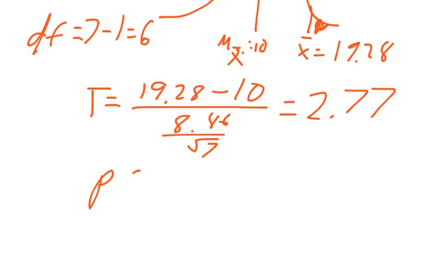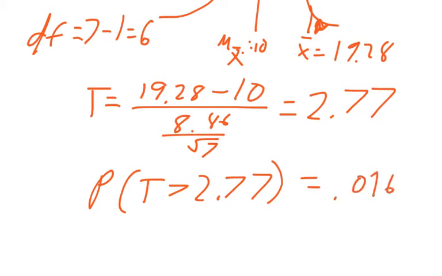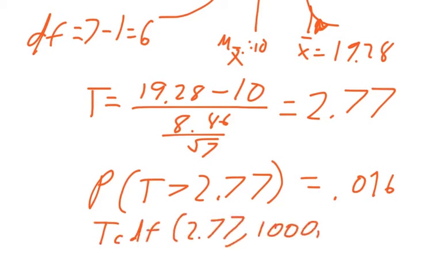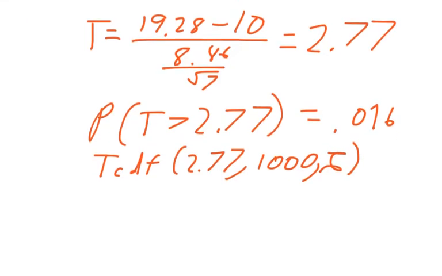Now the probability that t is greater than 2.77 is 0.016. Remember, we're doing t CDF from 2.77 to a really big number with a degrees of freedom of 6. And this is less than 0.05.